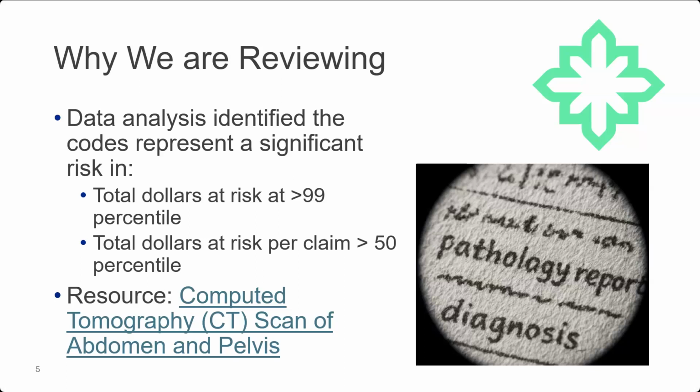So our data people analyzed this data further, and then they identified the top providers that are posing the greatest risk to have a potential to bill this service inappropriately just because of how much they bill.